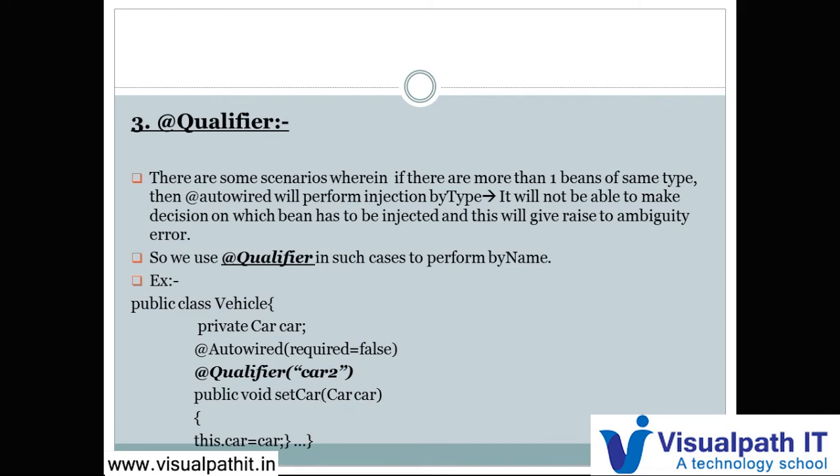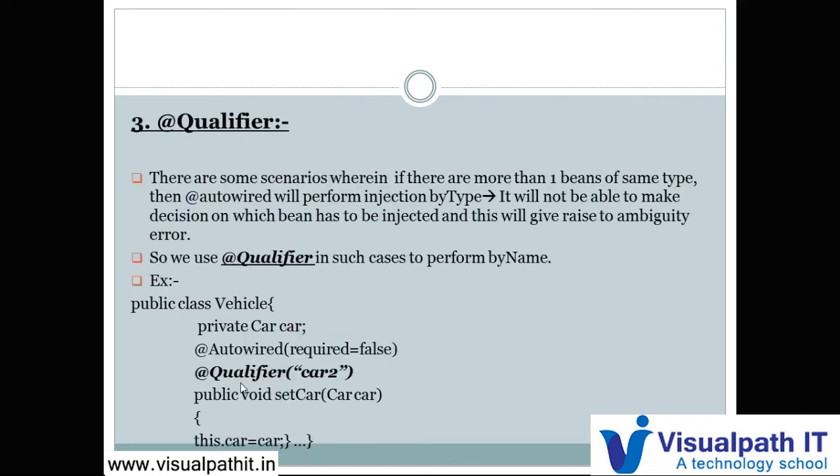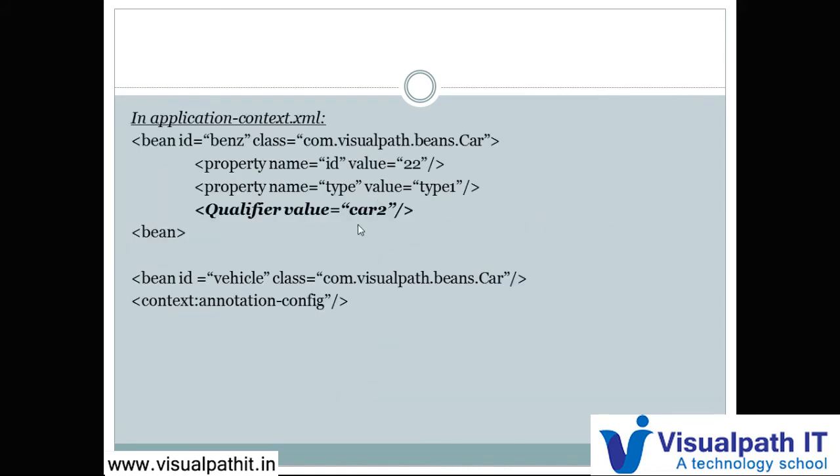If there is more than one bean of type Car here, we specify very neatly that it has to access car2. Even in the applicationContext.xml, we specify qualifier value equal to car2. Here also we are specifying which car. If there is more than one of that type, we specify very neatly that car2 is what it belongs to.